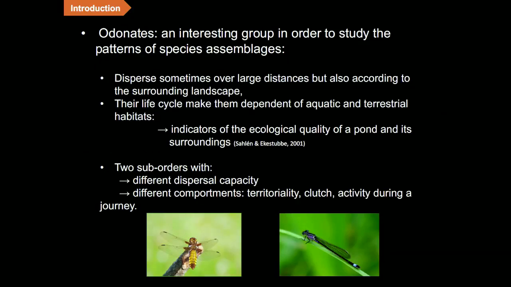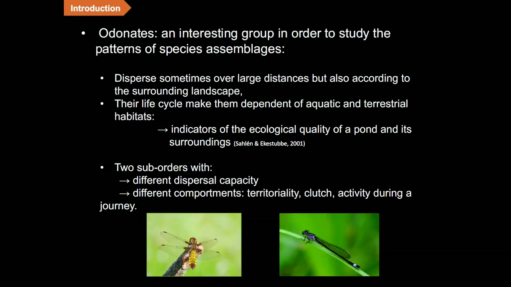We work on Odonates, and it's a very interesting group to study ponds for a few reasons. They disperse sometimes over large distances according to species, but also according to the surrounding landscape. Their life cycle makes them dependent on aquatic and terrestrial habitats.